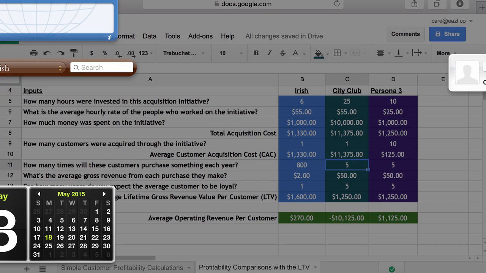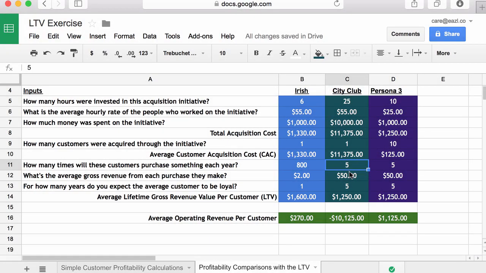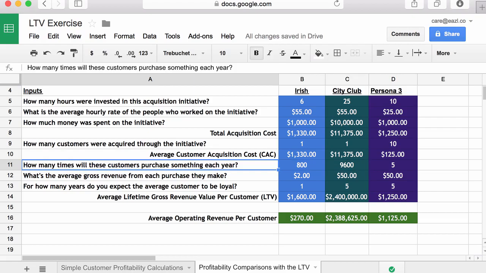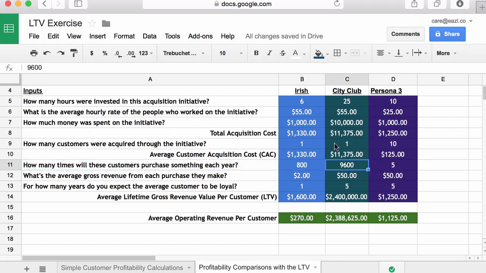So if we do 200 tickets times about 48 weeks in a year, then that's 9,600 tickets that the City Club is going to sell with us. That's basically 9,600 instances of a sale, is how we're going to calculate it using the comparison LTV calculator that you have access to.